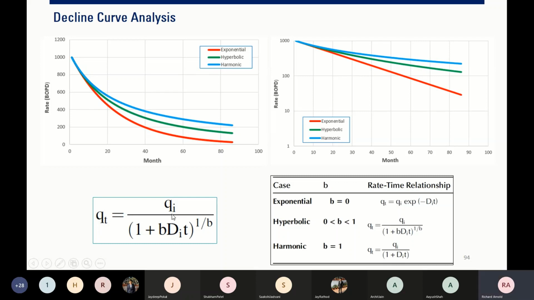Q is production rate, b is the exponent, okay, and D is decline rate. You need to estimate your b and your D in order to forecast the production.